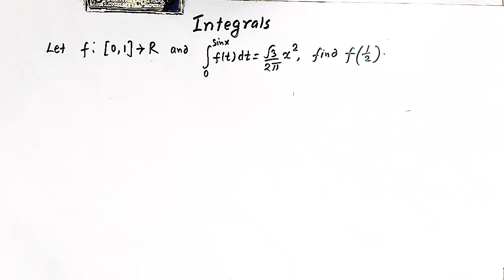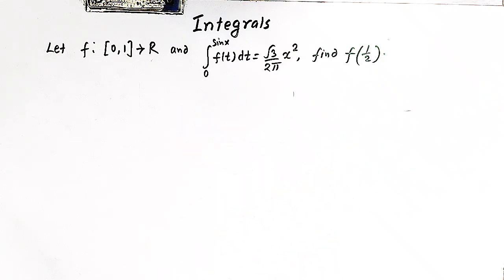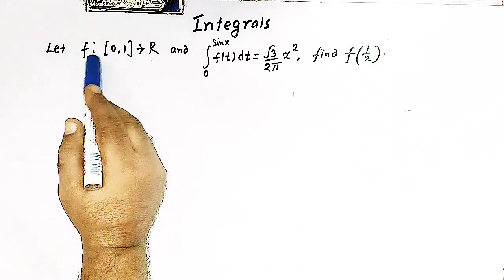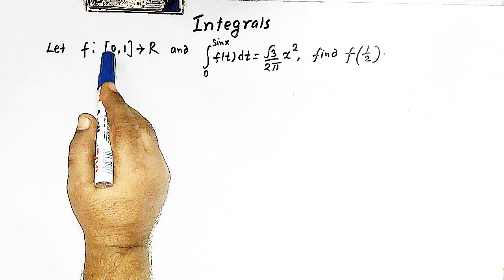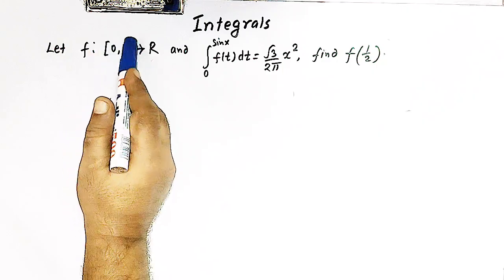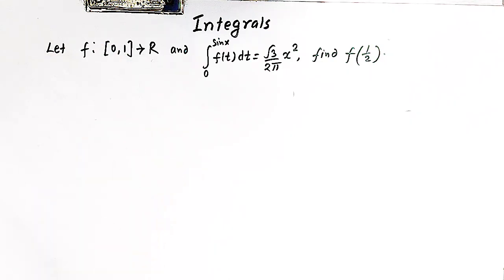Let us first see the statement of the Leibniz integral rule, and then we'll see how we can easily solve this problem using it. Moreover, the function f has the domain [0, 1], and this domain is going to play a crucial role. So let us start.